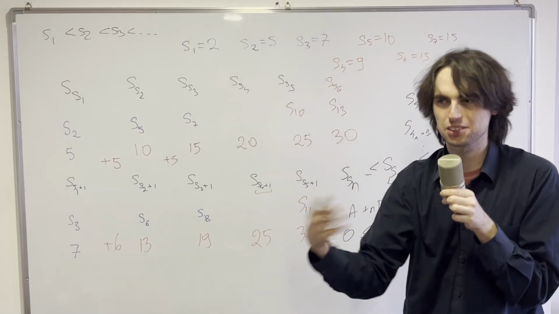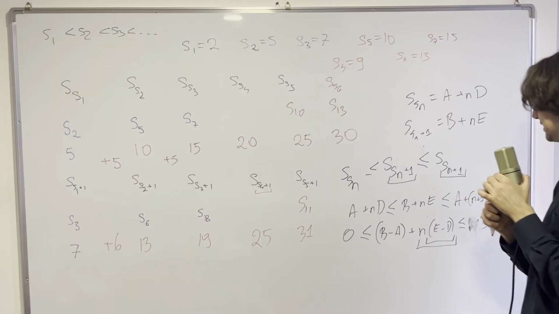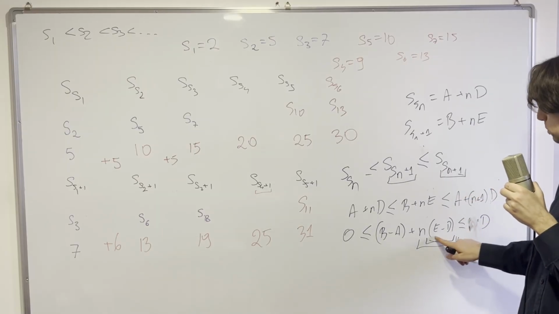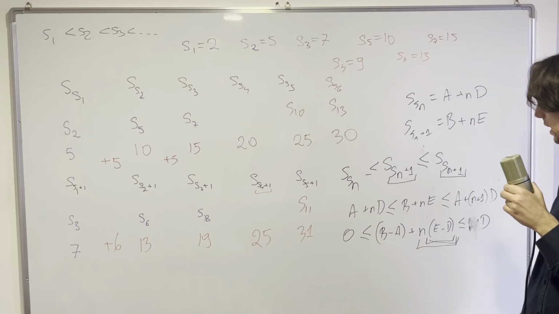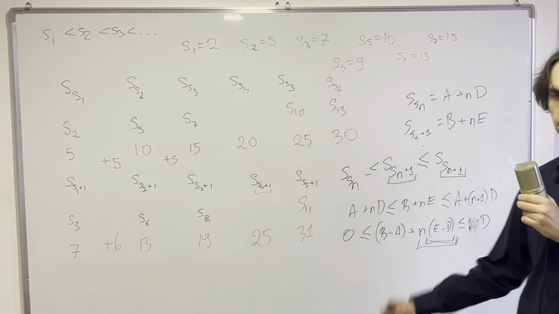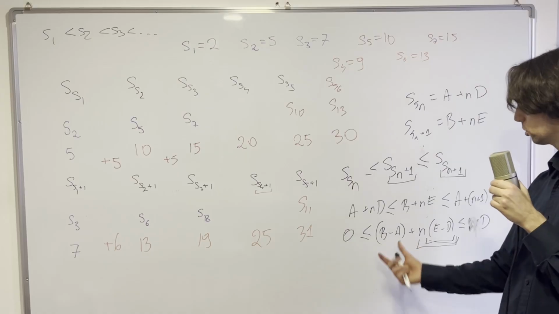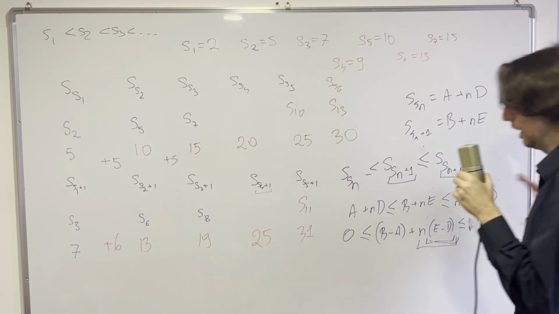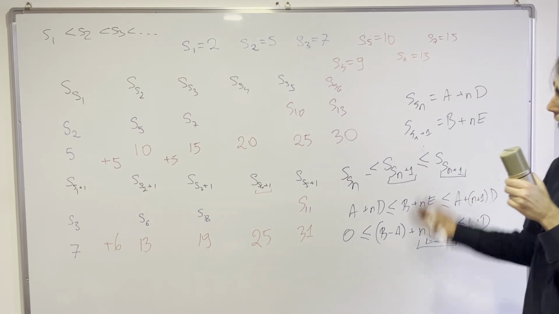Or in more layman's terms, which I like more, if this wasn't 0, if this was negative, we could set n to be bigger than the absolute value of B minus A, and then this whole value would be negative.